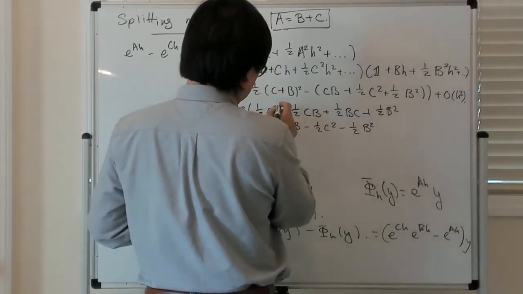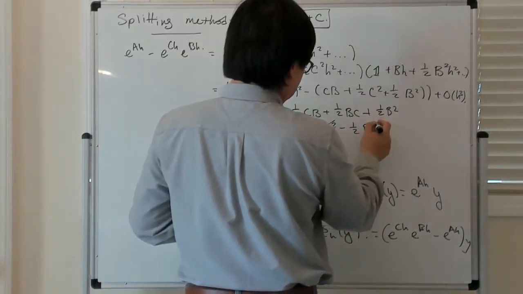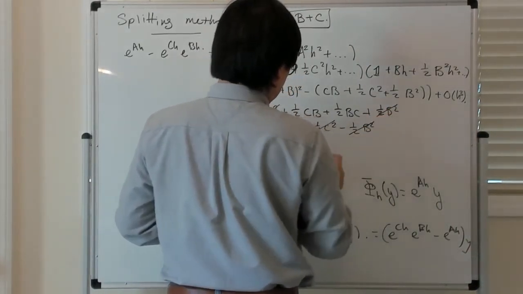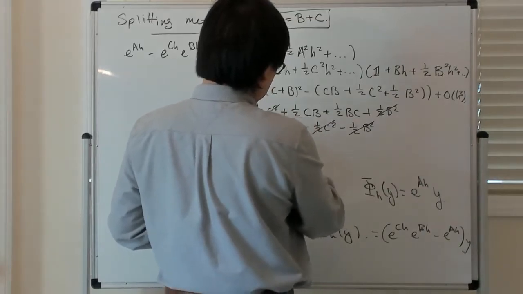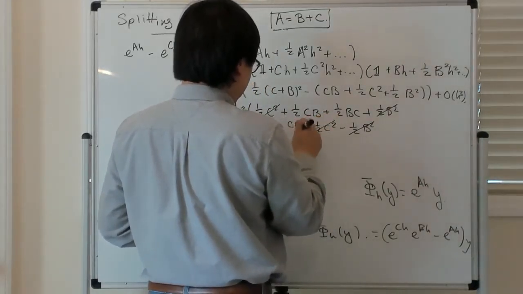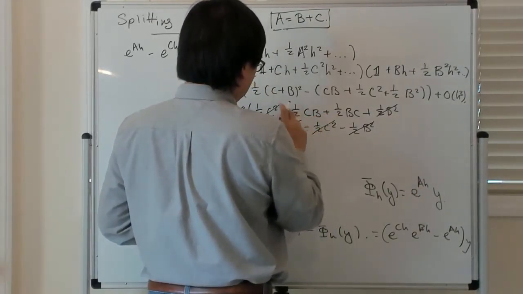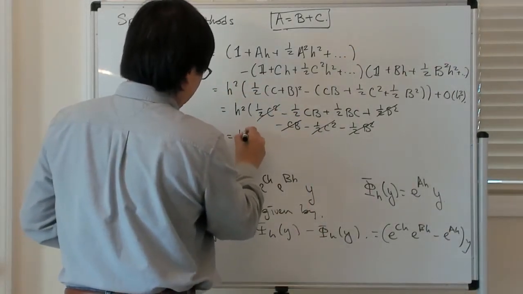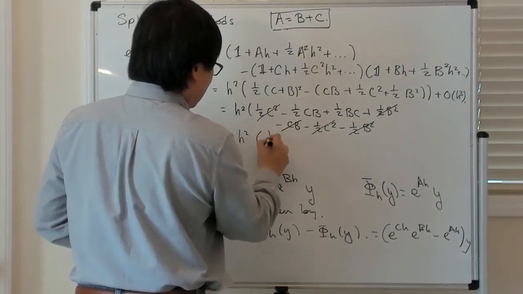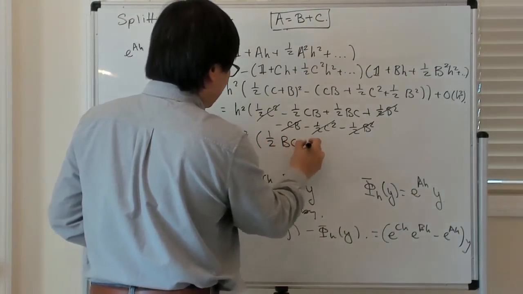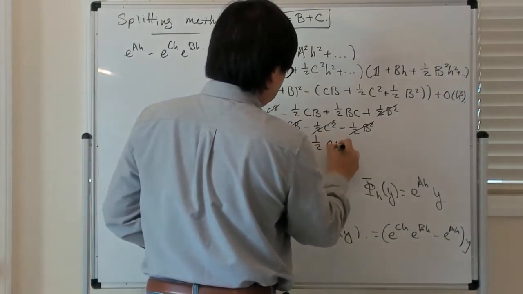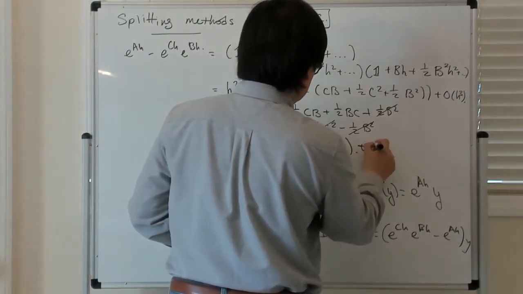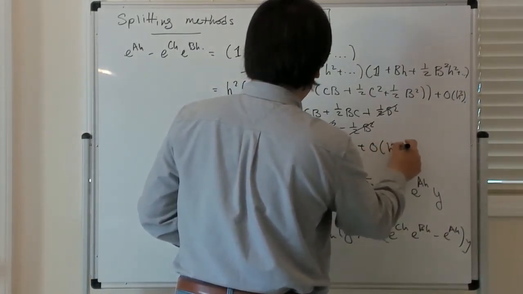So this term cancels out with this term. This term sort of cancels, well, not really, but you can collect these two terms, and then that becomes a minus sign. So you just get h squared times 1/2 bc minus 1/2 cb plus big O of h cubed.